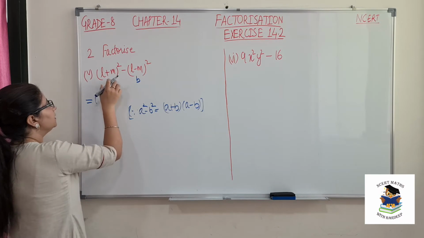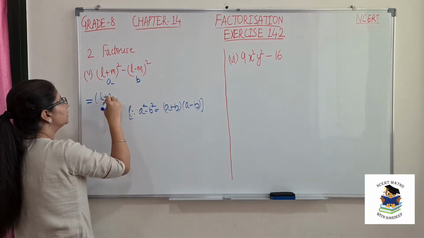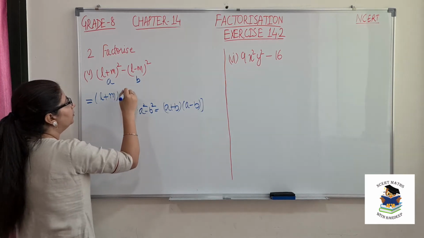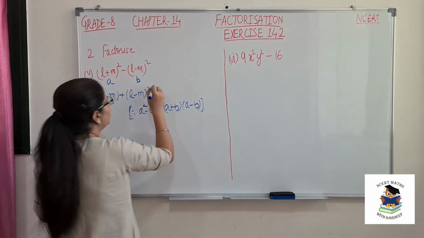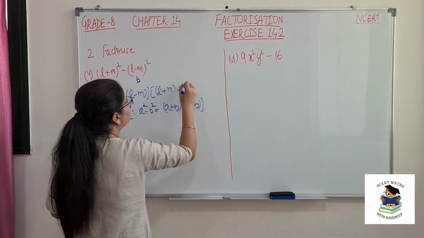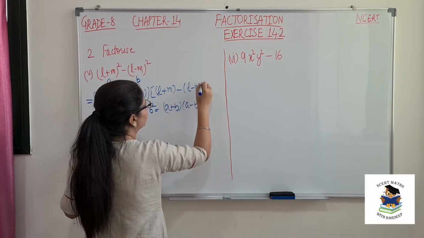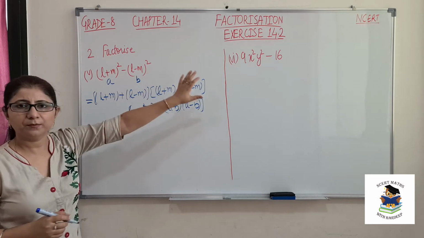So let's apply here. This is a, this is b. First is plus: l plus m plus l minus m. And second is l plus m minus l minus m. Is it clear? A plus b, a minus b.